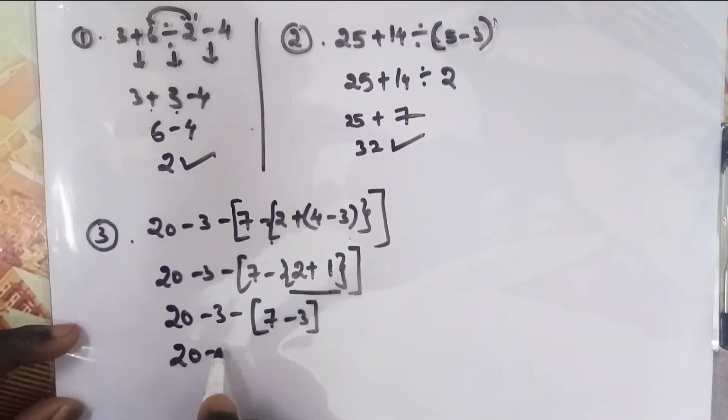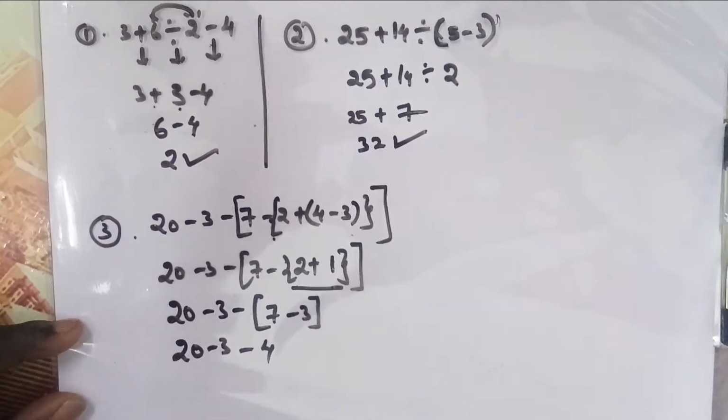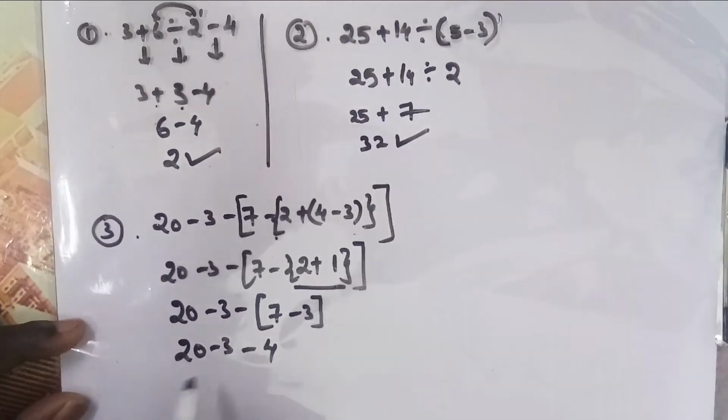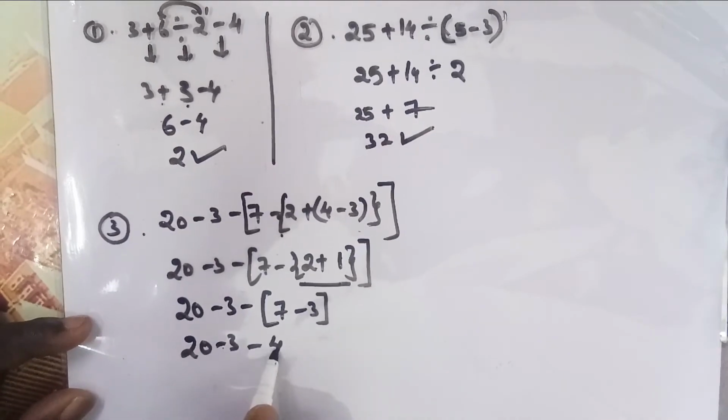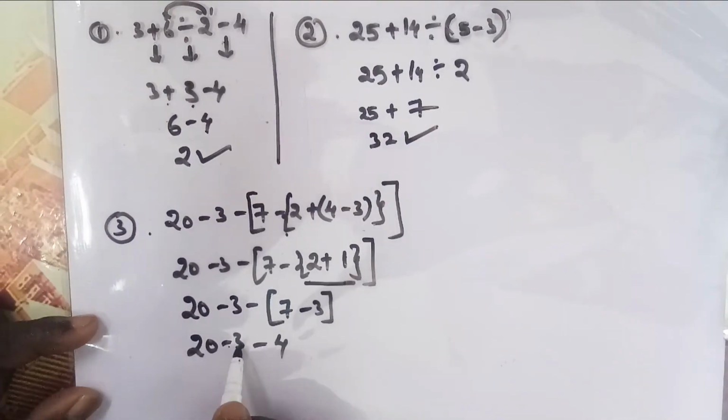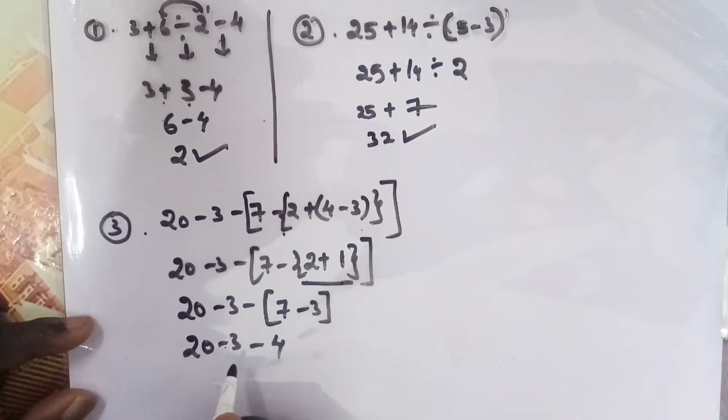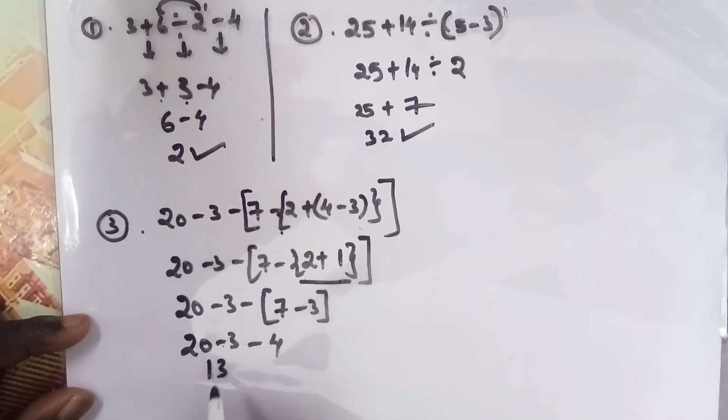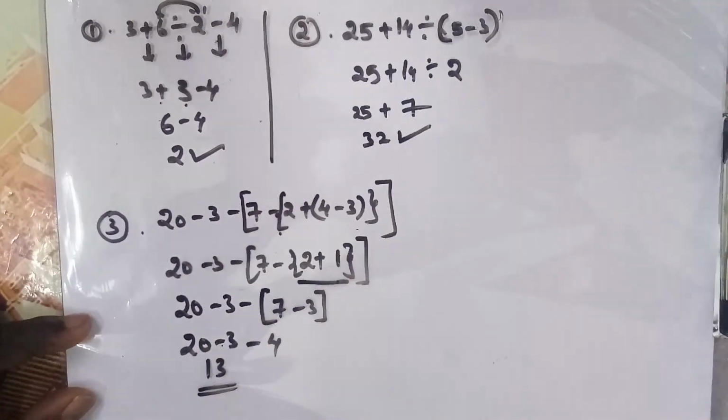Next we will solve 20 minus 3 minus 4. Okay, here everything is minus. 20 minus 7 minus 3 minus 4 minus 7. 20 minus 7, that gives how much? 13. This is the answer.